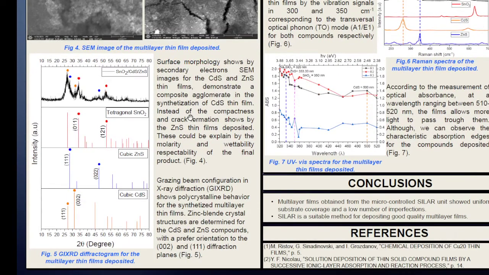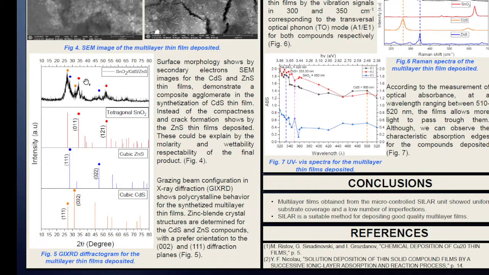For the XRD, we use a grazing beam configuration with an omega angle of 0.5 degrees, and we can observe here in the black line the multi-layer films, which shows a polycrystalline behavior.